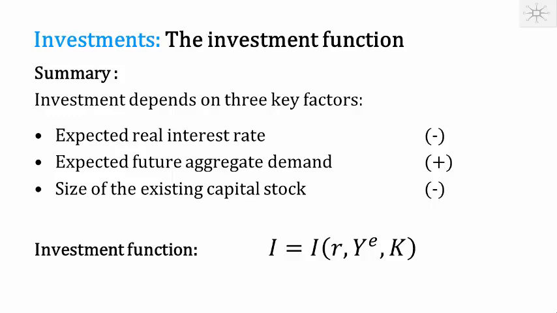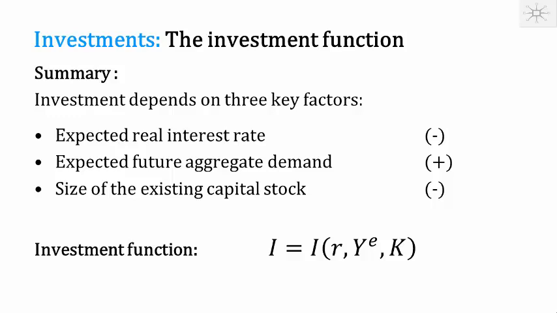So we have learned that investment depends on three key factors. One factor is the expected real interest rate, because that affects the cost of borrowing so as to finance the investment. And we said that at least in the short run, expected future demand matters for investment.